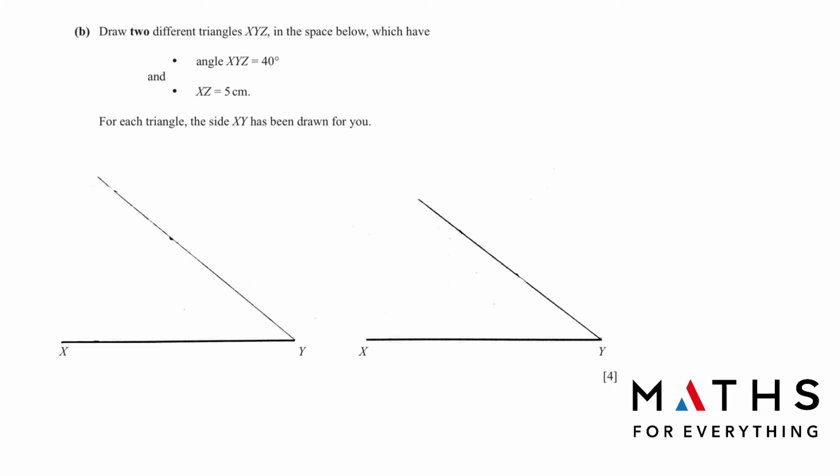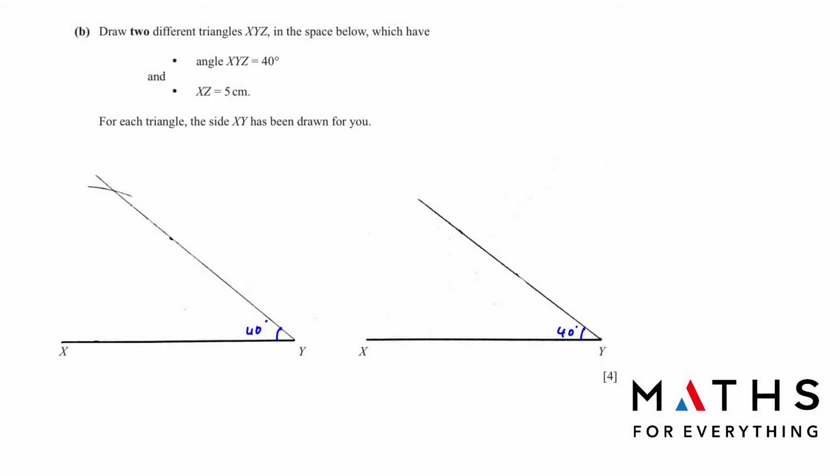So we drew the triangle, the angle, and write 40 degrees here. We need to find the side XZ. For that, for the first triangle, from this point, measure 5 centimeter and make an arc.